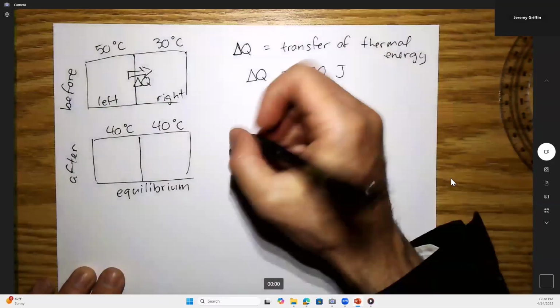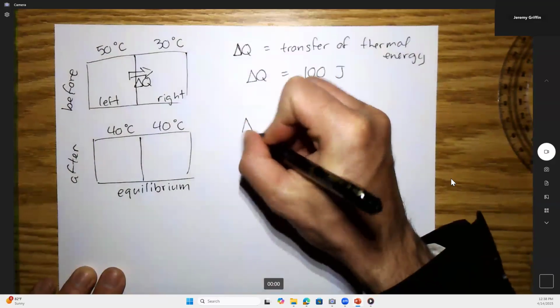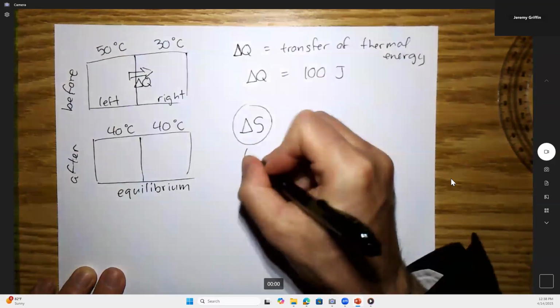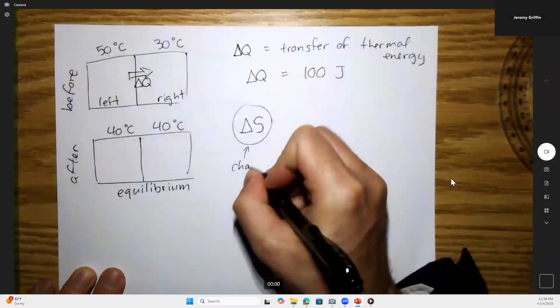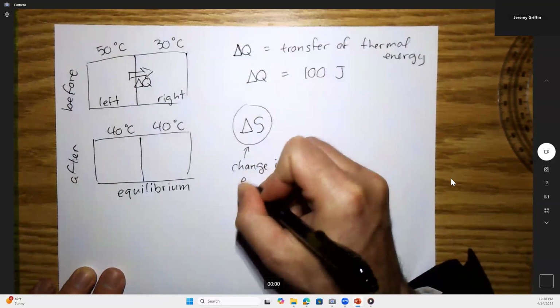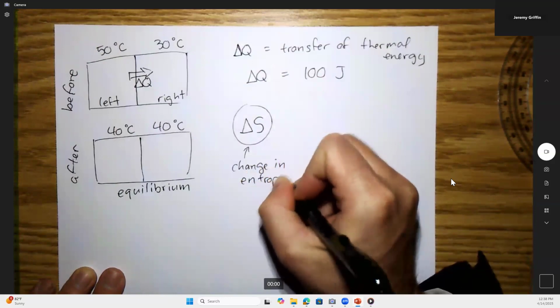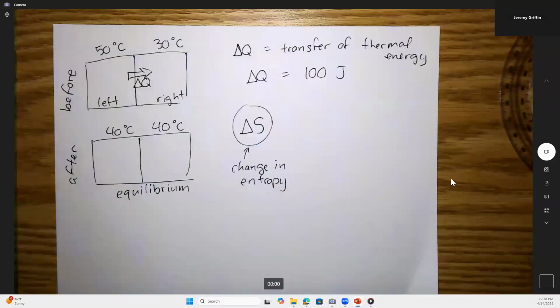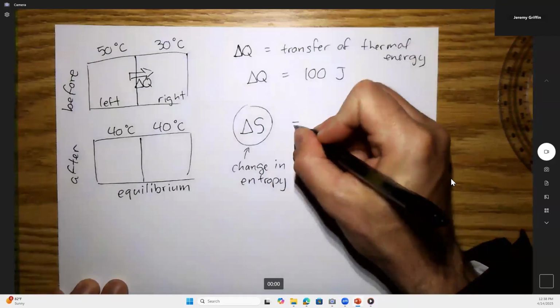Okay? All right, then delta S. Okay, here delta S is going to be the change in entropy. Remember, this is that concept of the unavailability of energy to do useful work. Okay? It should be on the rise, but let's see.